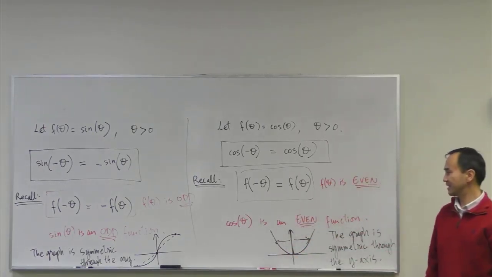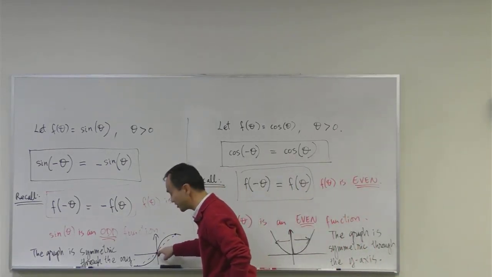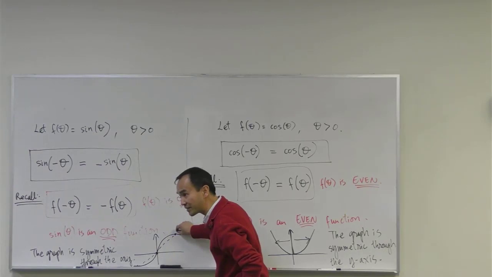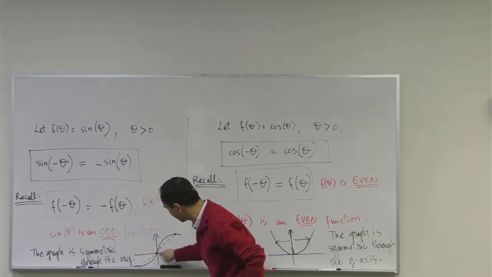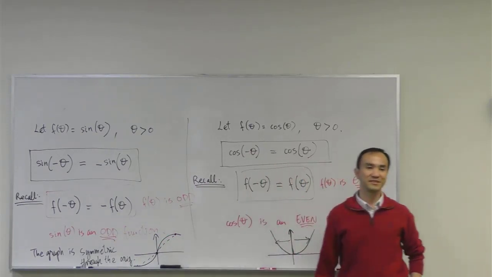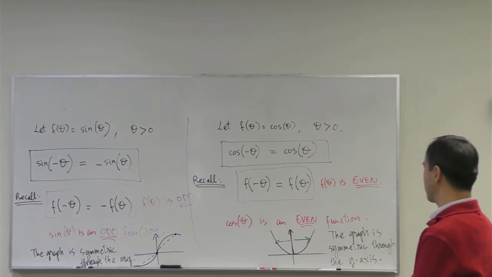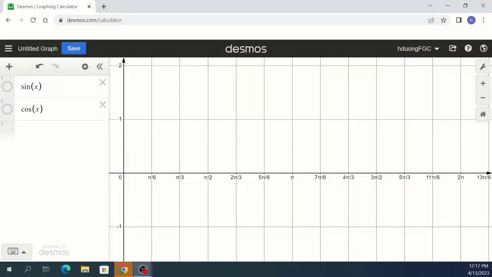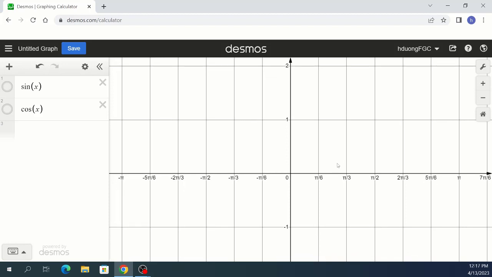And then the graph for any odd function will reflect through the origin. So every point on one side of the origin has an exact mirror reflection on the other side, through the origin. That's a general property of being an even or an odd function. Now let me bring that into the illustration with the graph right here for sine and cosine of x, as you can see.